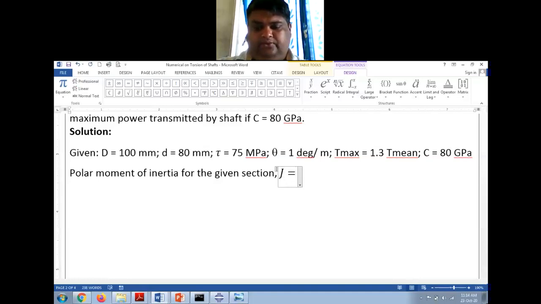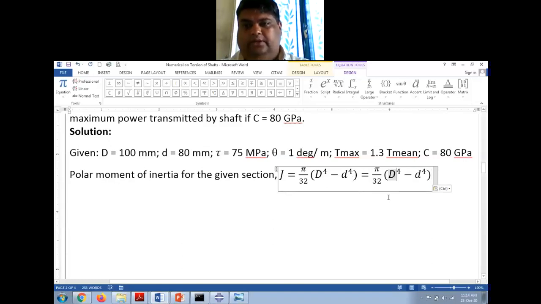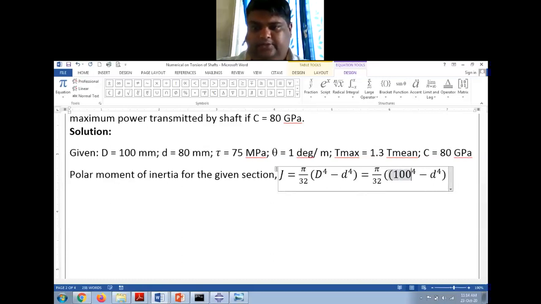J is equal to pi by 32 into D raised to 4 minus d raised to 4, right? So I'll just put the values to this now. D is 100. I'll take another bracket, and this small d is 80. Okay, so this is mm raised to 4.